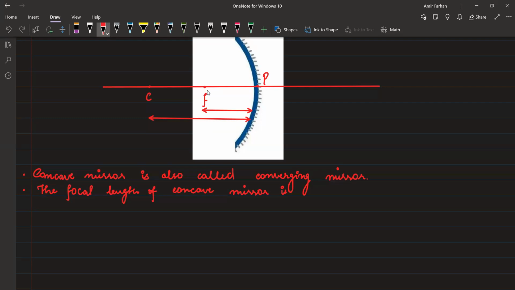Clear? So that's why it will be negative. Am I clear to all of you? Any doubt? Just a second, let me write it here so that it is negative.